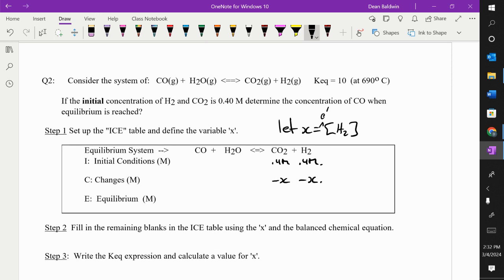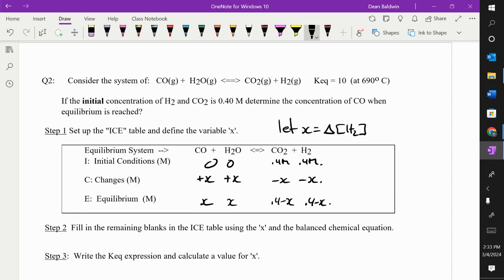I should say the change in. If I say delta concentration of H2, is that okay? Does everybody understand what that means? The change in the concentration of H2. So at equilibrium, we have 0.4 minus X, 0.4 minus X. These are all 1 to 1, so that's easy.